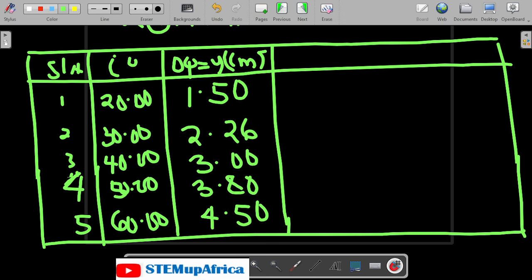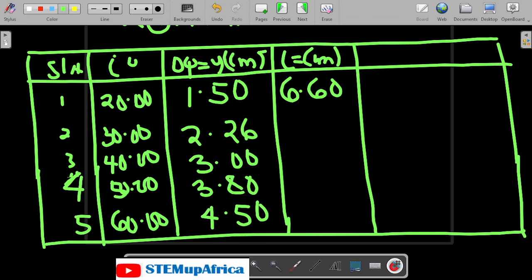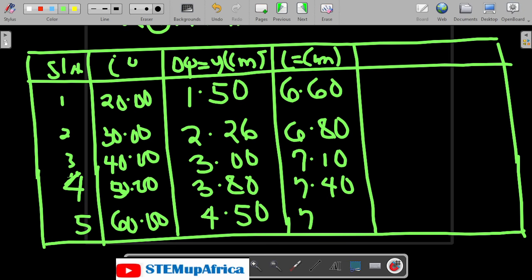Then we also have our L in centimeter also, which is from N to Q. First value we got is 6.60, followed by 6.80, followed by 7.10, followed by 7.40, followed by 7.80.